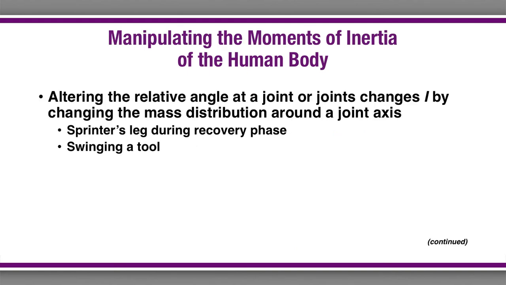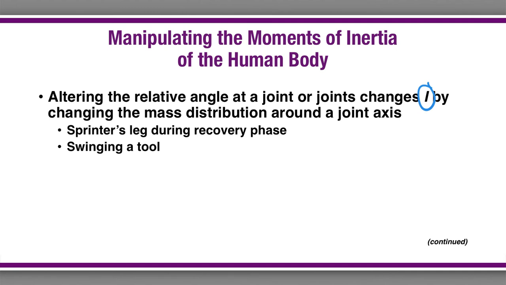So there are a couple of ways that we can manipulate moment of inertia within the human body, and one is altering the relative angle at a joint or joints. This changes the moment of inertia by changing the mass distribution around a joint axis.